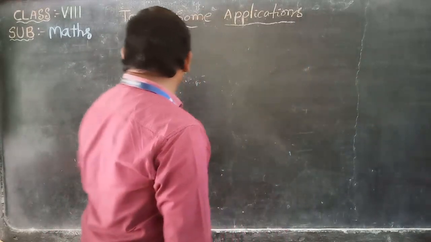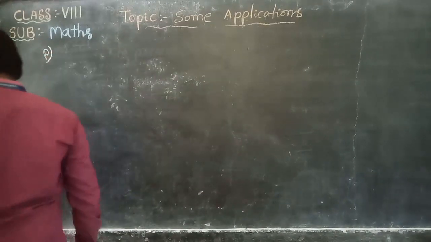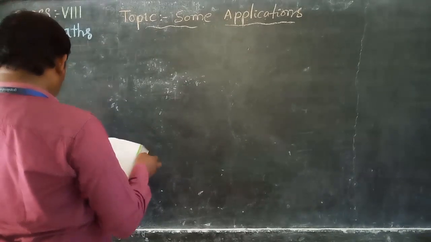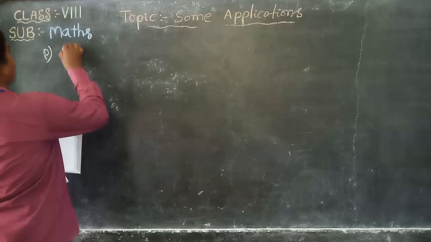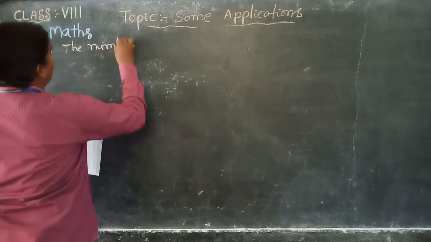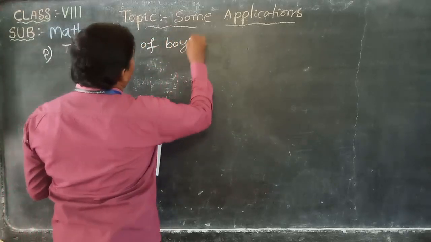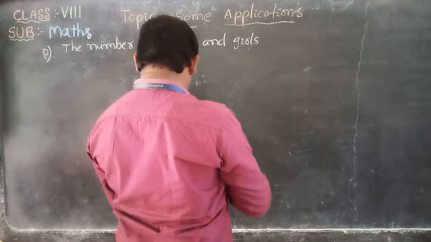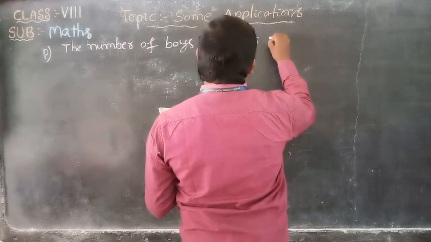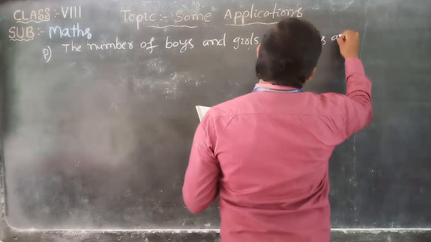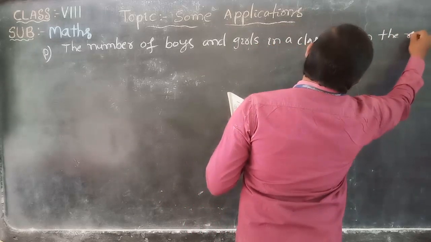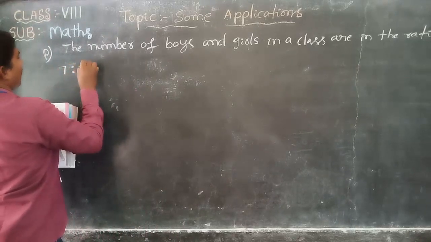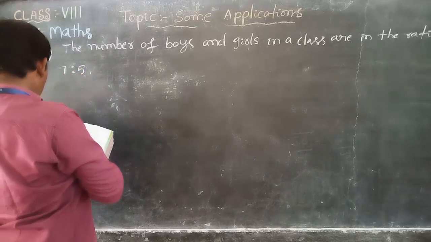We will discuss one more model here. The number of boys and girls in a class are in the ratio 7:5.